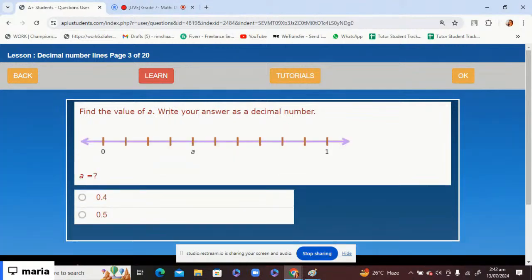Find the value of a, write your answer as a decimal number. Okay, value of a, let's check. 0.1, 0.2, 0.3, 0.4.